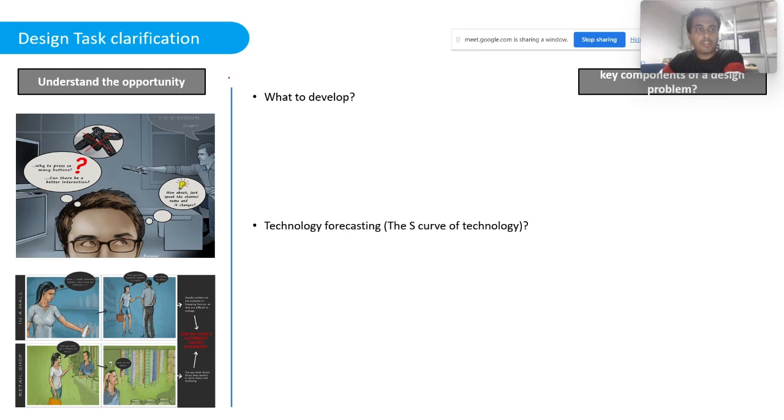Okay. So to understand this opportunity, as a designer, we need to have some sort of clarity on the design tasks. Okay, so do you know what sort of clarity we require? Have you gone through week 3 lectures?